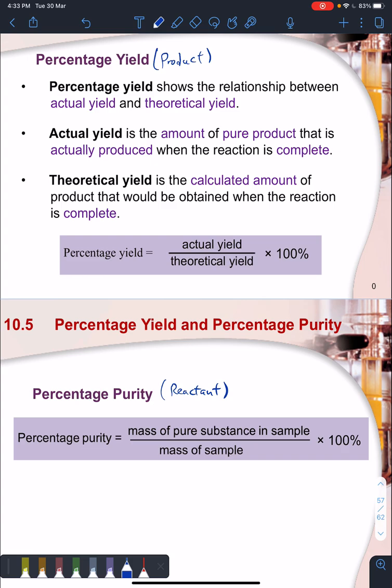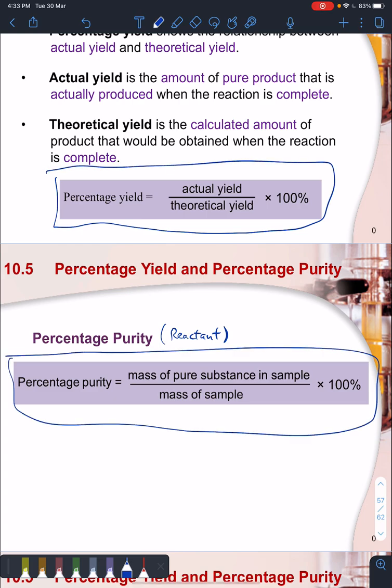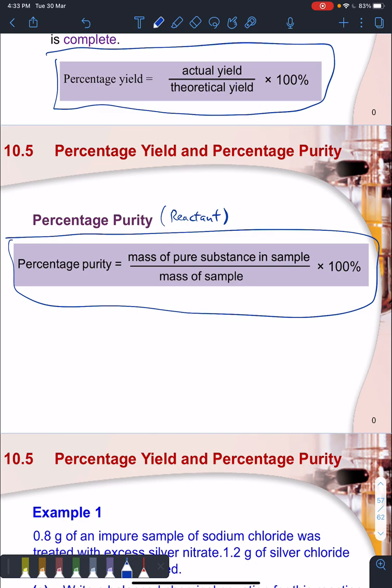So it's typically mass. So my trick to you is this. These two formulas are important. But generally, you don't actually have to remember the words actual yield, theoretical yield, because these terms can make your head have a headache.